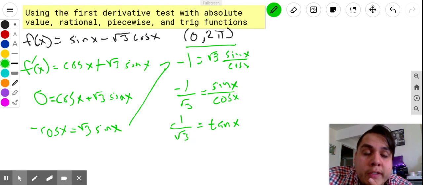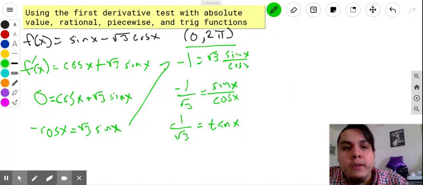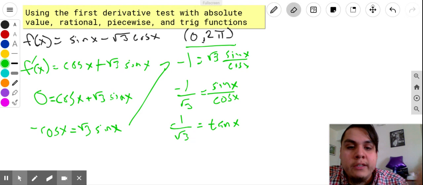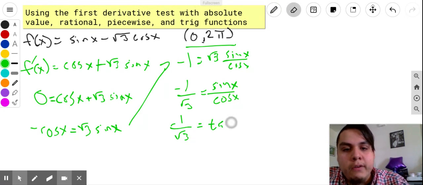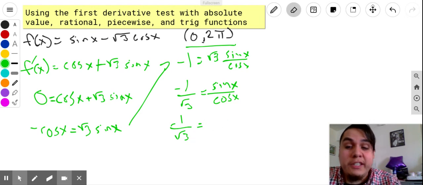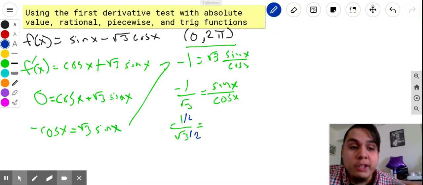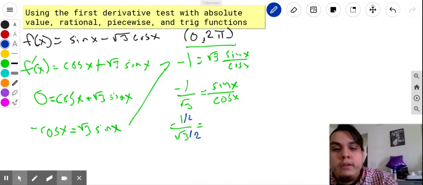So using my trusty old unit circle, I can actually not think about it as tangent. I'm going to go back and think about it as sine over cosine. As long as I know that it's sine over cosine, I can use that to find the angles, and here's how I'm going to do it. If I divide both of these values by 2, that's still equivalent to what I had.